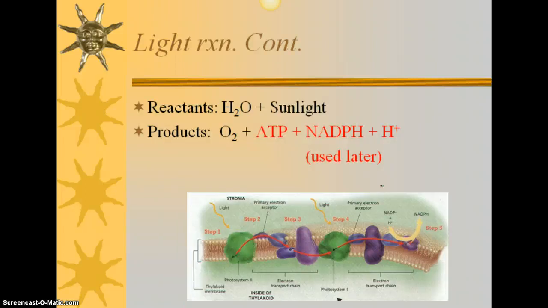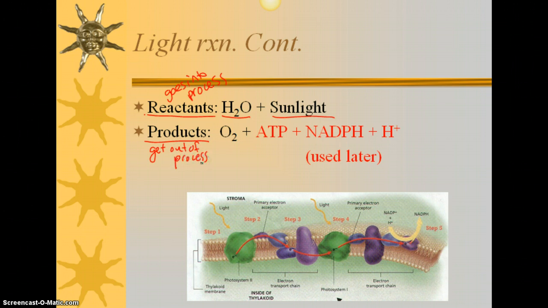So if you are on the notes packet, go ahead and flip to the next page or the back of that page, and you'll see a chart where you can fill this in. So the light reaction, the reactants, that's what goes into the process. Water and sunlight. And then the products are what you get out. Hopefully you had that in a past science class.